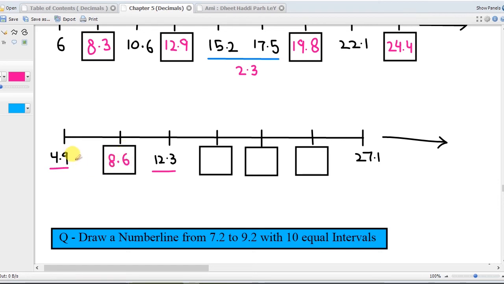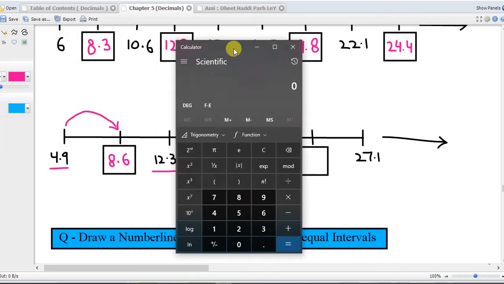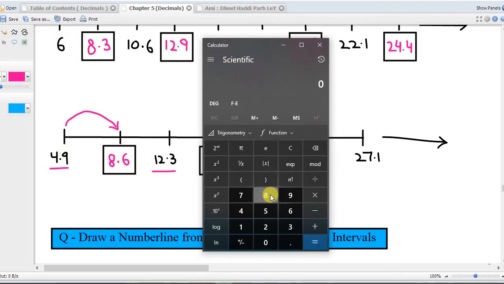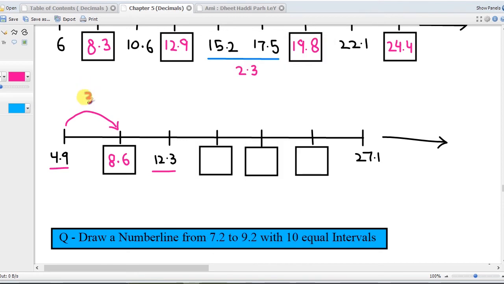Now we can easily find out how much of a jump there is between these two consecutive numbers. If you see, there is a jump of 5, 6, 7, 8, or we can simply solve it using a calculator. Simply take away these two numbers: 8.6 take away 4.9, so there is a jump of 3.7, right?